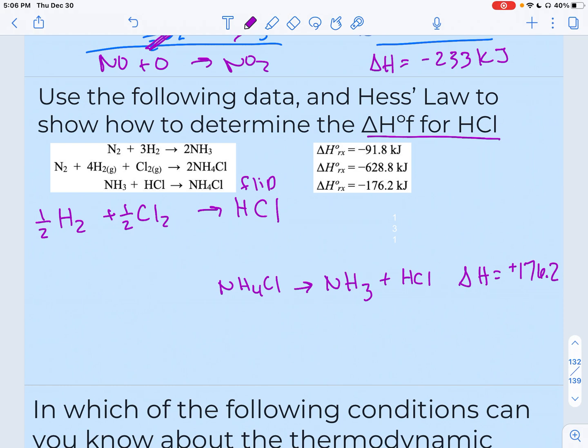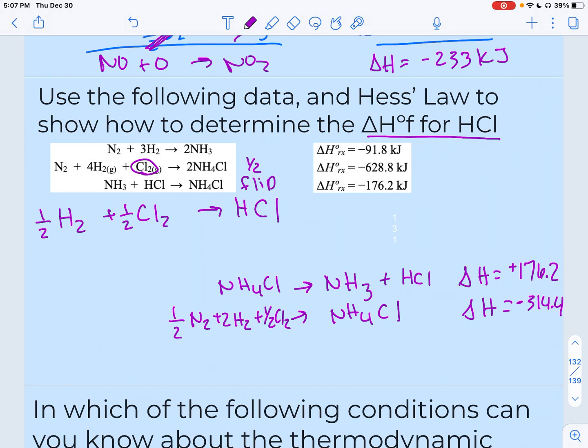And then we can do Cl2. We're just going to multiply that second one by 1/2. And then do the same thing to delta H. And now I can go back up to the first one and figure out what to do with it.